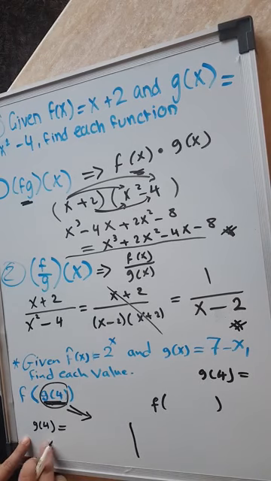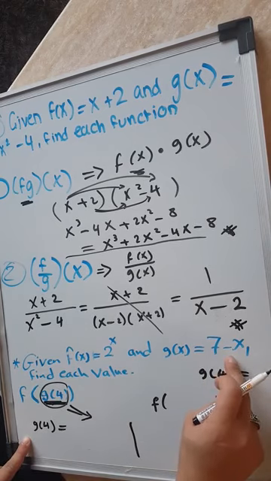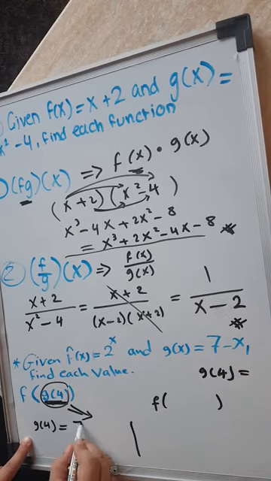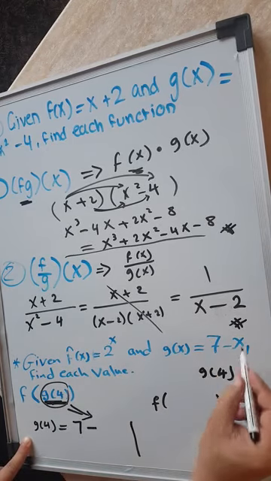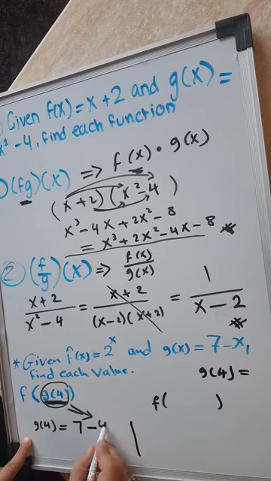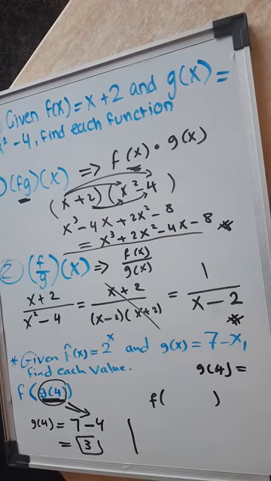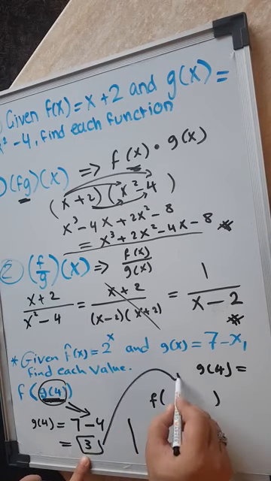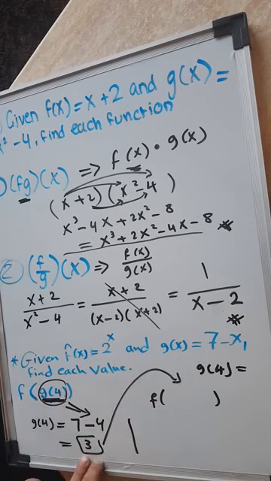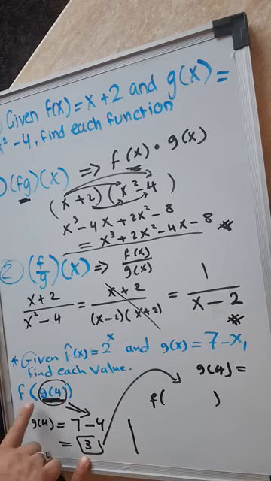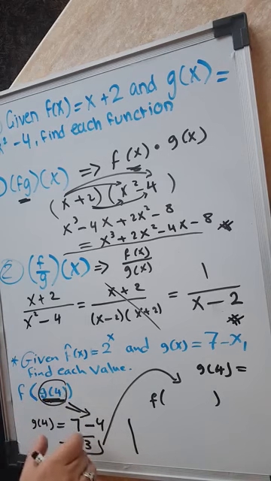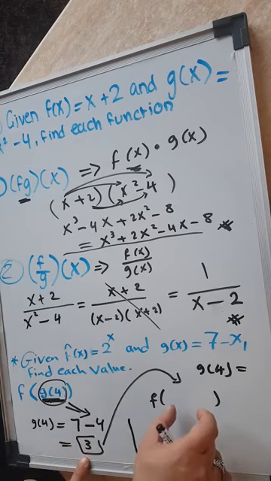g of 4 means I will replace each x in function g by 4. So it will be 7 minus 4, so the answer is 3. Take this answer and put it here. f of g of 4 means f of the answer of g of 4. So I split this into 2 functions. I solve what's inside the bracket first, then take the answer inside f.